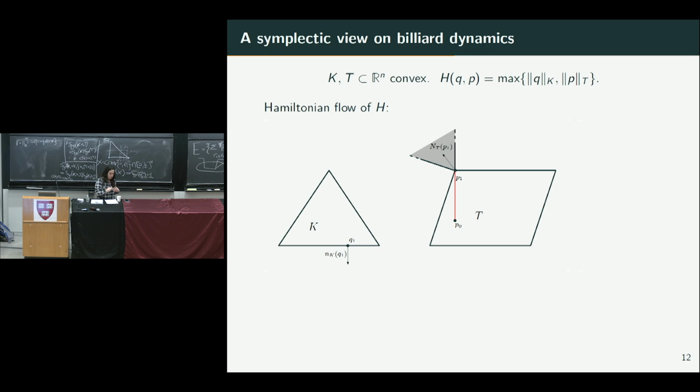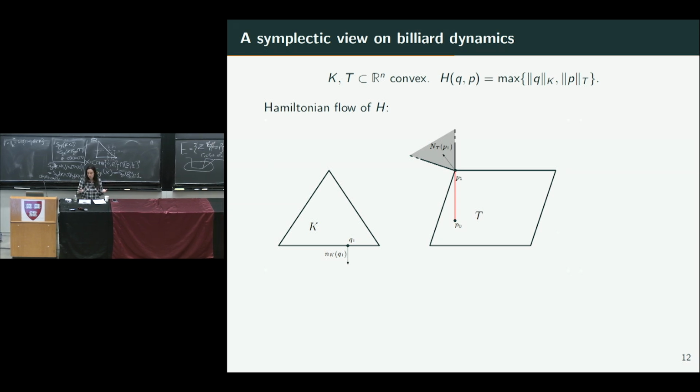So I choose one of the normals in the normal cone, any of them. So here it's chosen some direction. And I move in J times it, which is just moving in K in the same direction. So I move in that direction in K, again, until I hit the boundary. And then I look at the normal, and I move in minus the normal in T, till I hit the boundary, and so on and so forth.